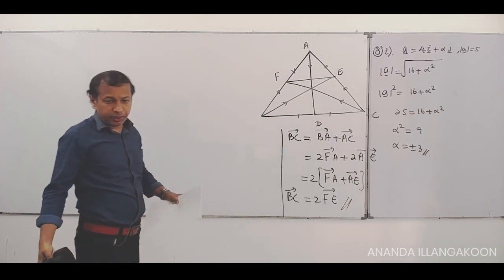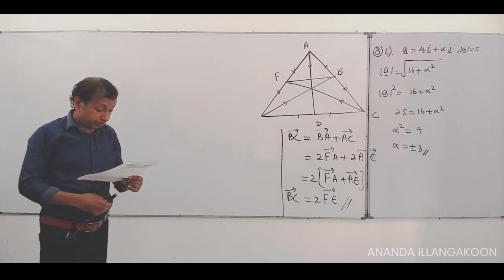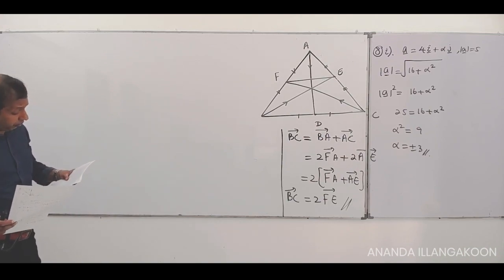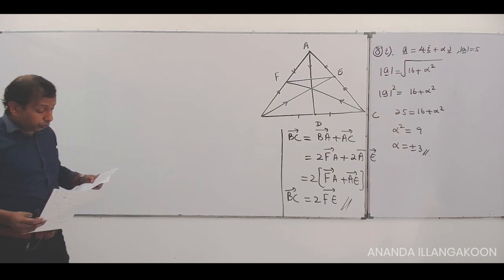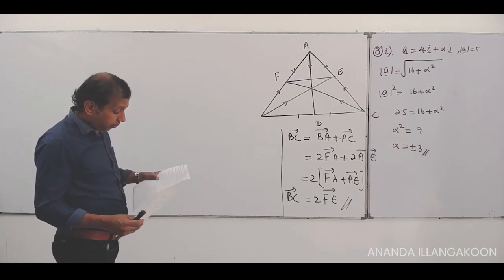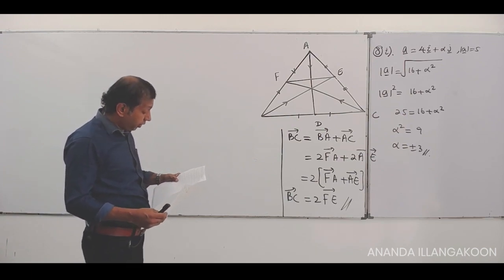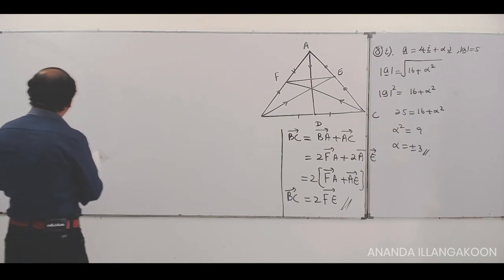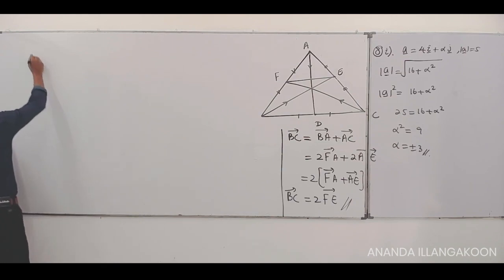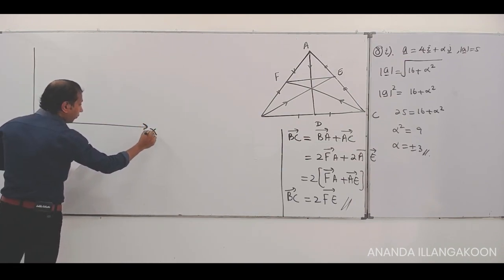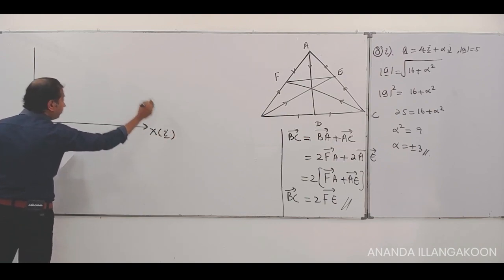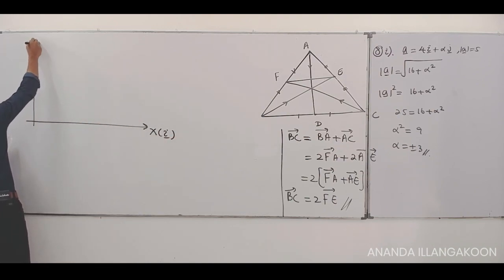Part B. Given the position vectors of the points A and B related to the origin O are 4i and 2i plus 2 root 3 j respectively. Find the angle BOA. Right. In the OXY plane, this x-axis has the unit vector along it, i. The y-axis has the unit vector along it, j.